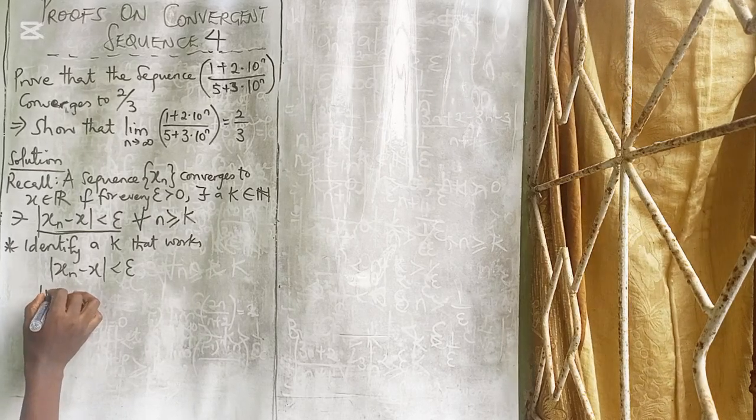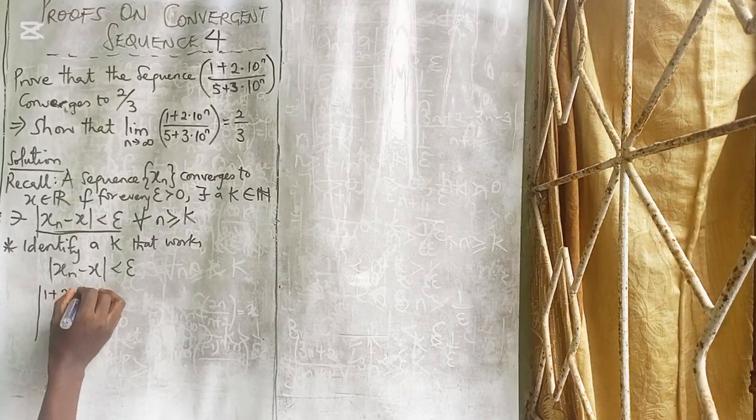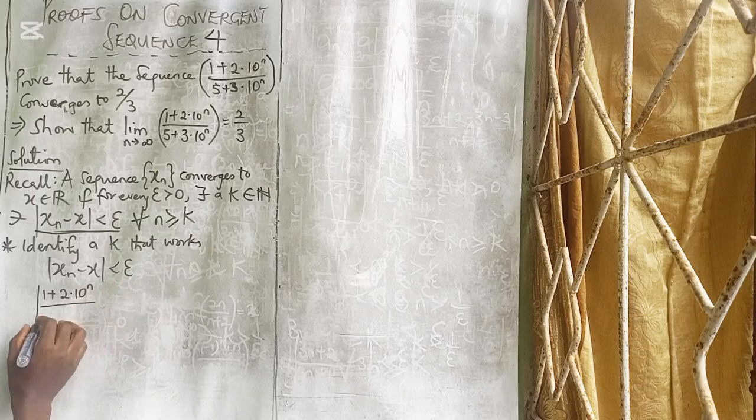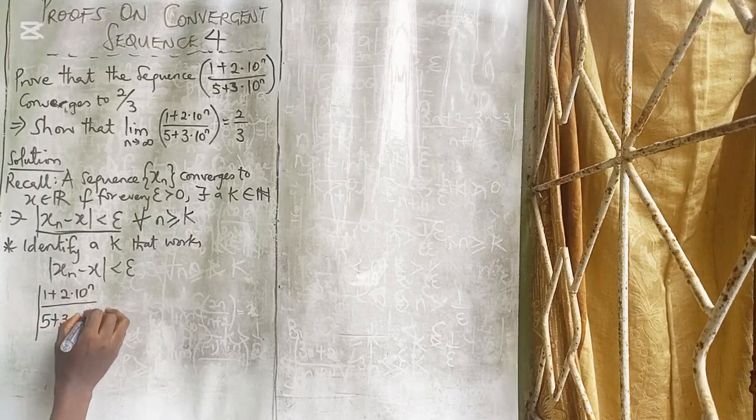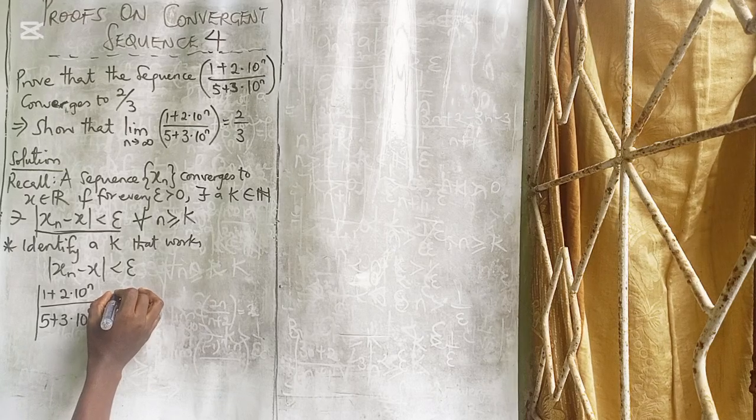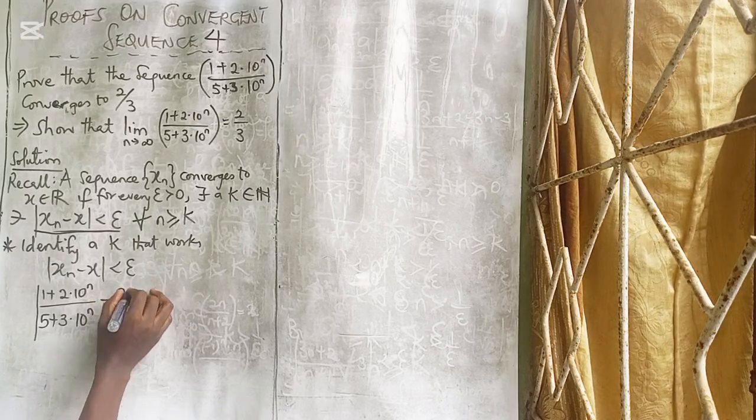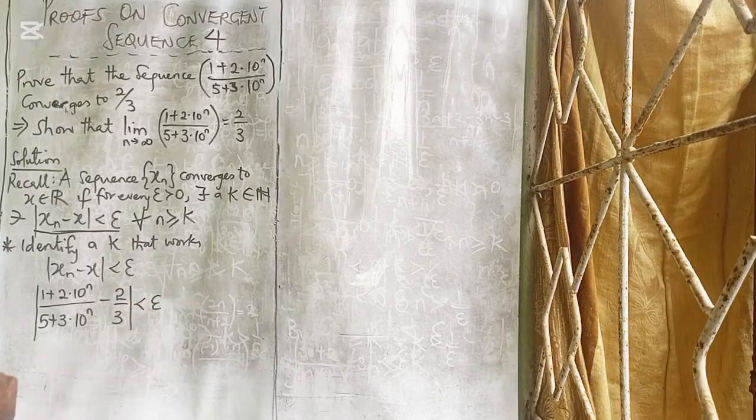That is the absolute value of (1 + 2 × 10^n) / (5 + 3 × 10^n) minus 2/3 is less than epsilon.